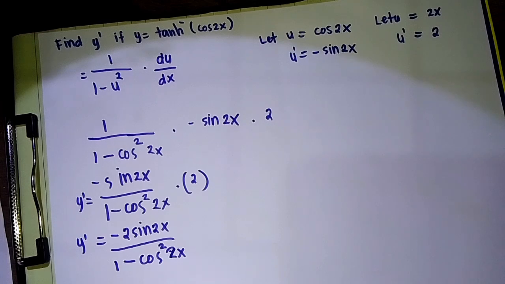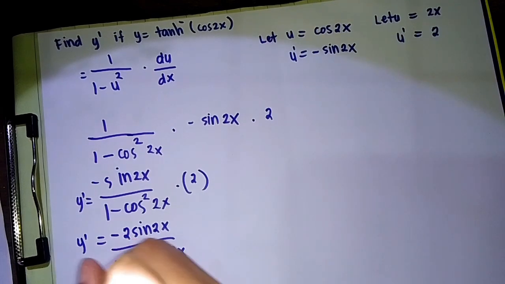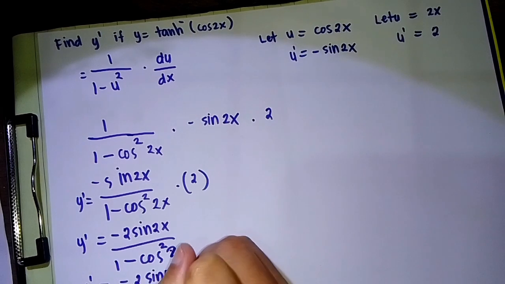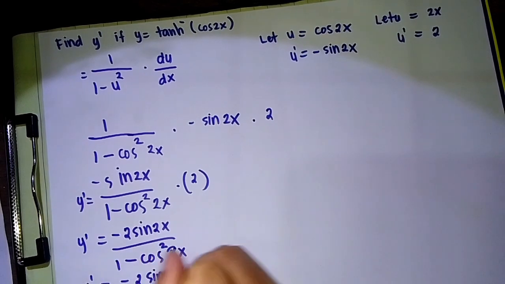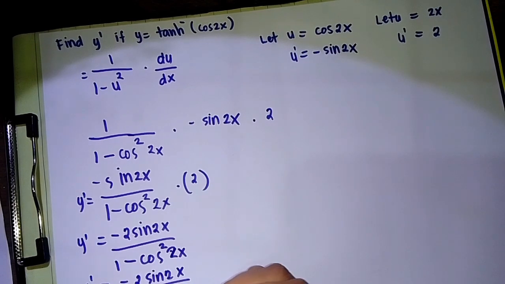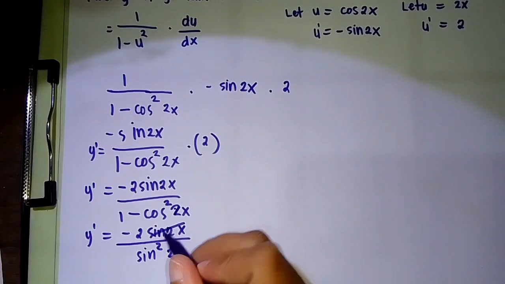So y prime now will be equal to negative 2 sine 2x, and by our Pythagorean identities, 1 minus cos squared is equals to sine squared 2x, and we can cancel the sine 2x and cancel the exponent 2.